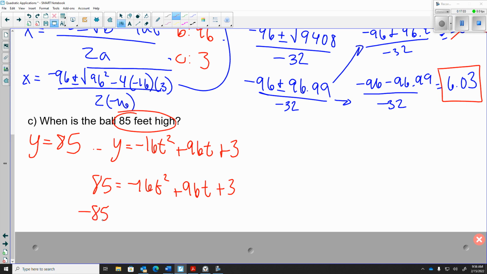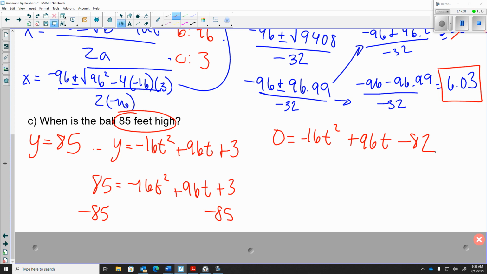So that would be 0 equals negative 16t squared plus 96t, and what's 3 minus 85? Okay. So here's your quadratic. We need to solve that. Factoring, complete the square, square roots. We already talked about this, right? You don't want to do any of those. So we're going to have to do this again.